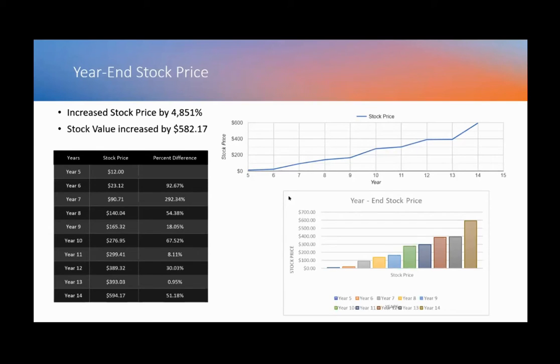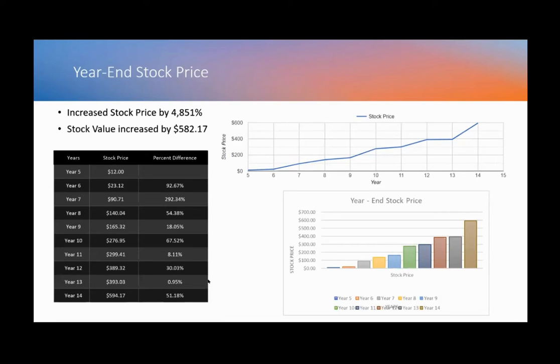And another thing that we deeply looked into was year-end stock price. As you can see, the graph on the very left gives us a big breakdown of every single year of how we increased, and the right column gives us percent differences of how we improved each year. Going from year 6 to year 7 was really helpful because we increased by the biggest margin in that time range. So going from the very beginning, our stock price was $12 in year 5.